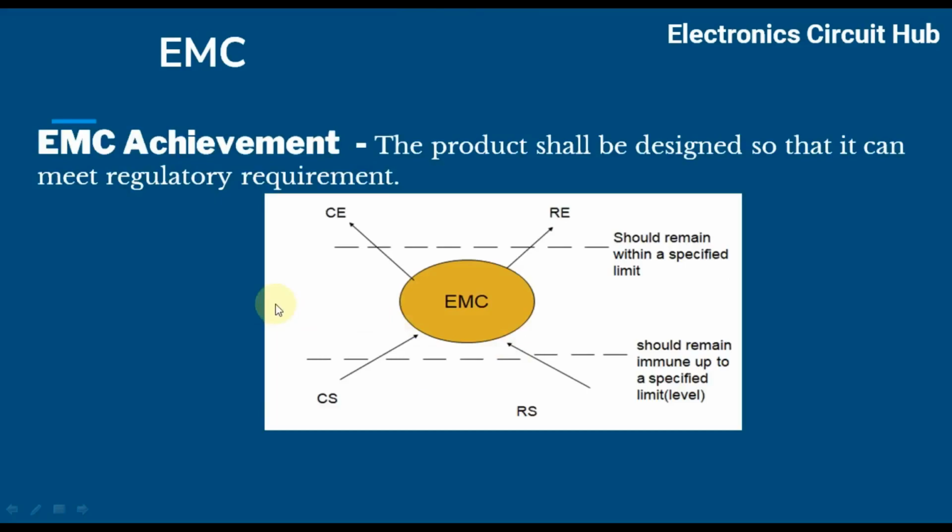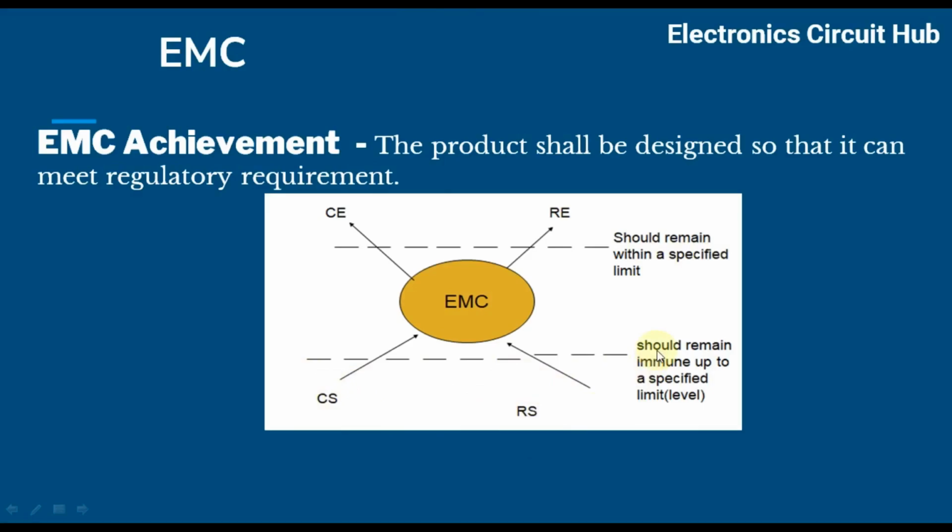What is EMC achievement? The product shall be designed in such a way that it can meet the regulatory requirement. If it meets the regulatory requirement, that means you have your EMC achievement. And what about conducted and radiated emission? Your product should remain within the specified limit. And what about CS and RS, conducted susceptibility and radiated susceptibility?